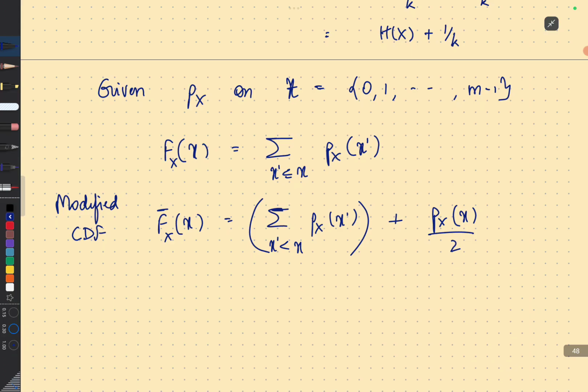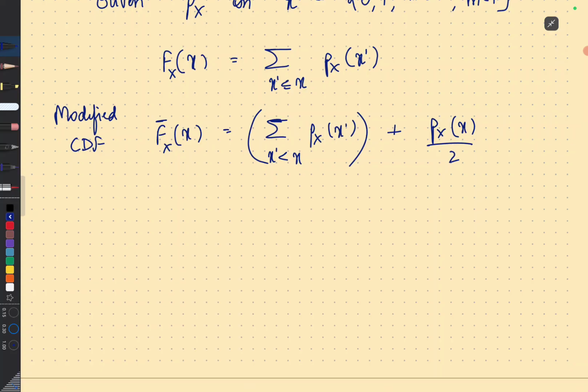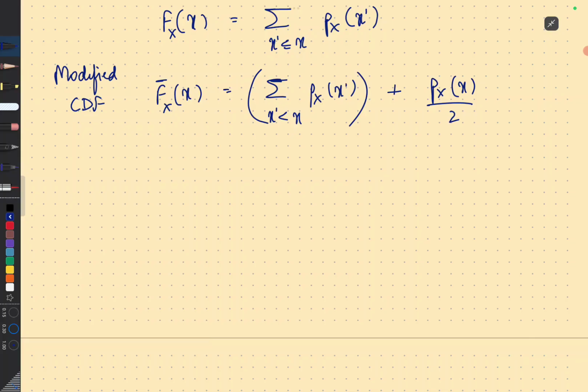Right, this is some quantity. I've just defined this, but this is based on the probability mass function Px. All right, so there's nothing sophisticated about this, just a simple definition.